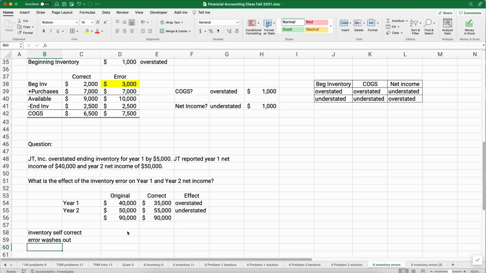So an incorrect ending inventory makes year 1 incorrect, but it makes year 2 beginning inventory incorrect. So it self-corrects and it washes out. So if we discover this after the end of year 2, then we don't do anything because the total net income is correct. Year 1 should have been 35, year 2 should have been 55. It was 40 and 50, a total of 90. So in 2 years, an inventory error washes out.